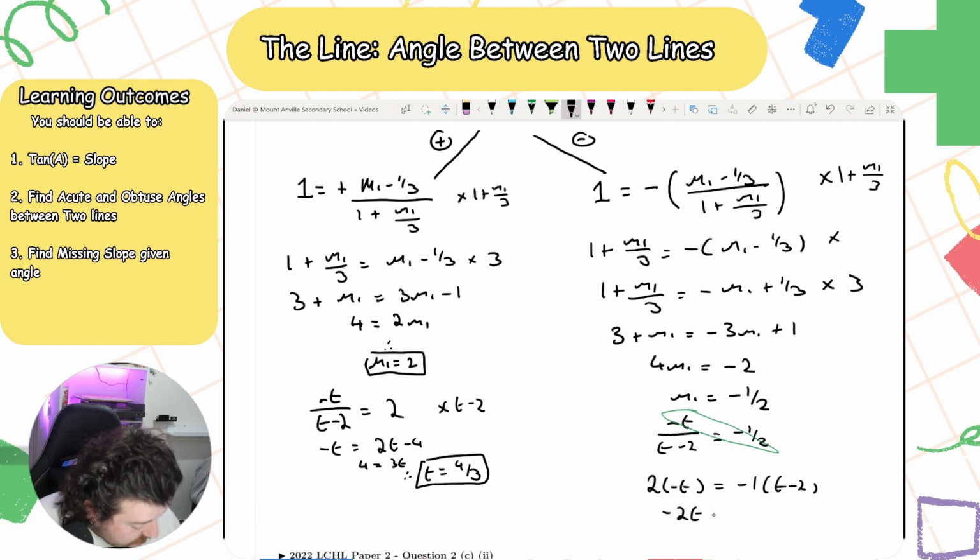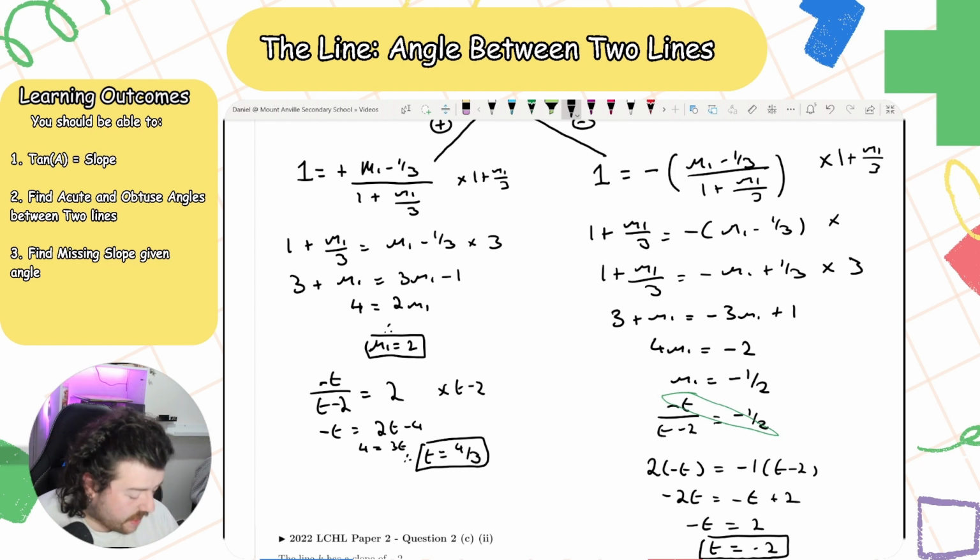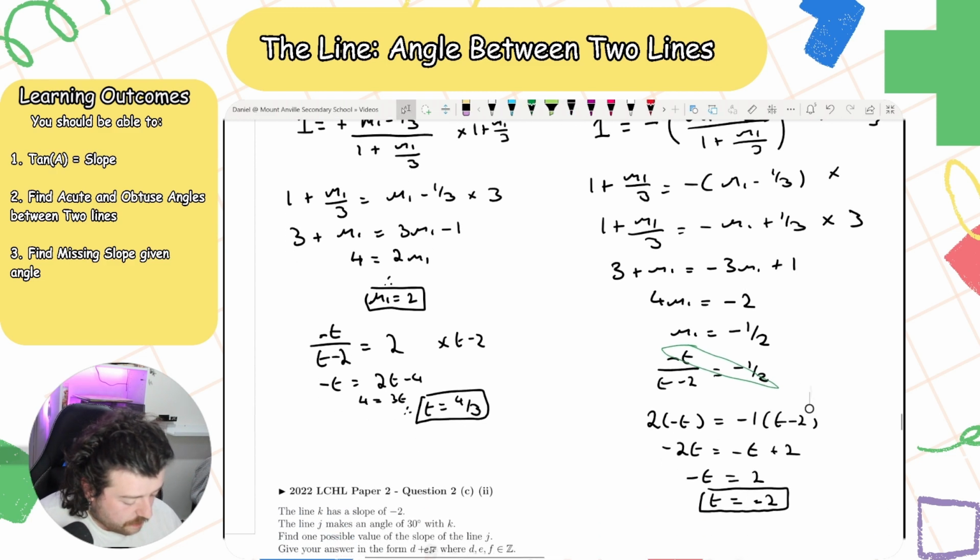So minus 2t is equal to minus t plus 2. Bring everything over to one side. I'm going to get minus t is equal to 2. t is equal to minus 2. There is my solution there. So my two values for t were 4 over 3 and minus 2.